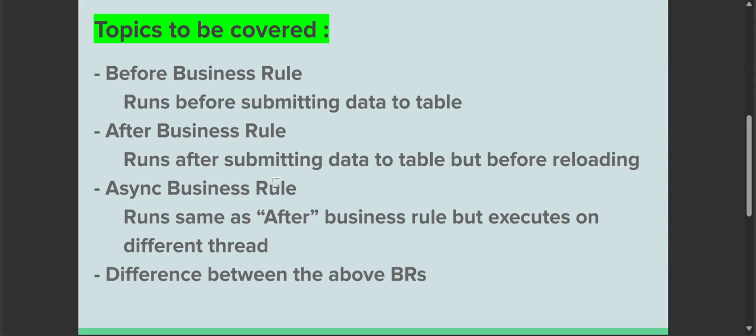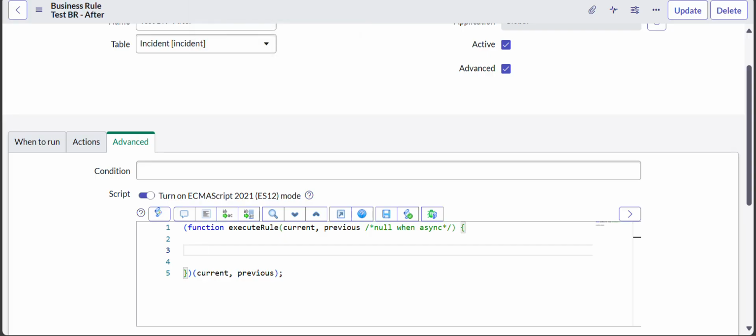Now let's talk about async business rule. What is async business rule? As I told you, the trigger points of async and after business rule are the same. The only difference is that async business rule runs on a different thread, not the current thread. In after business rule, the reloading of the form is impacted.